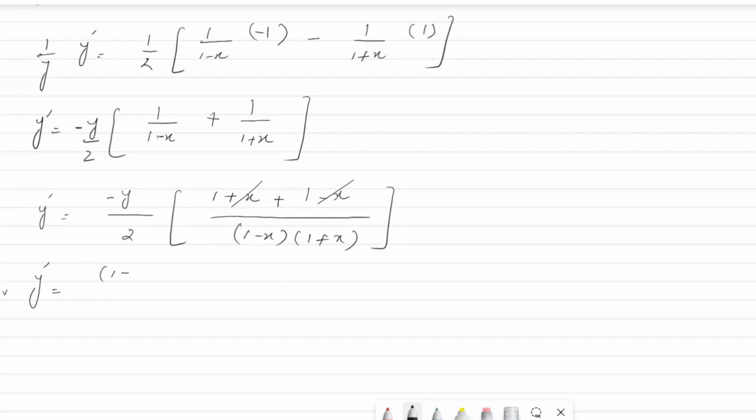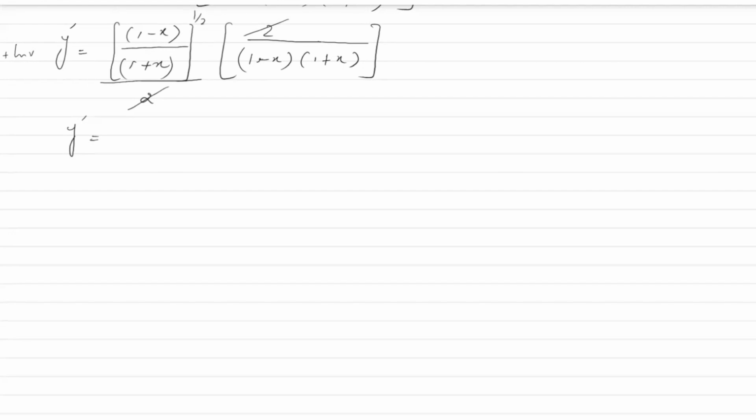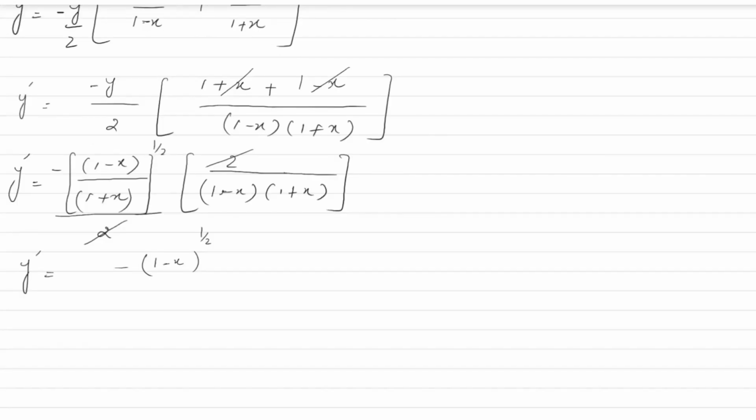y derivative is equal to y, that is (1 minus x) by (1 plus x) whole raised to the power 1 upon 2, into 2 divided by 2 (1 minus x)(1 plus x); 2 is cancelled with 2. This whole 1 upon 2 power can be separated as (1 minus x) raised to the power 1 upon 2 by (1 plus x) raised to the power 1 upon 2.